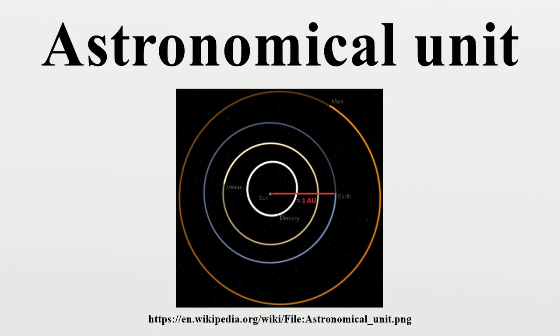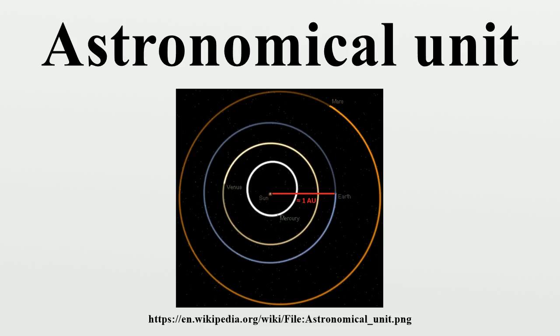It stated that the astronomical unit of length is that length for which the Gaussian gravitational constant takes the value 0.01720209895 when the units of measurement are the astronomical units of length, mass and time.